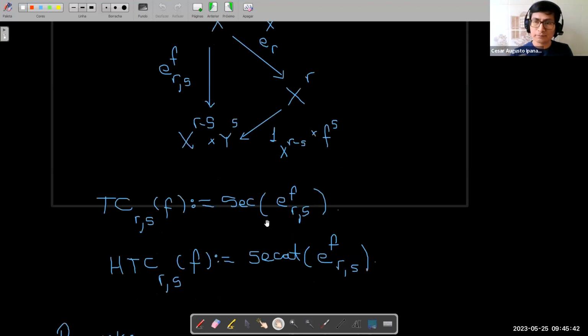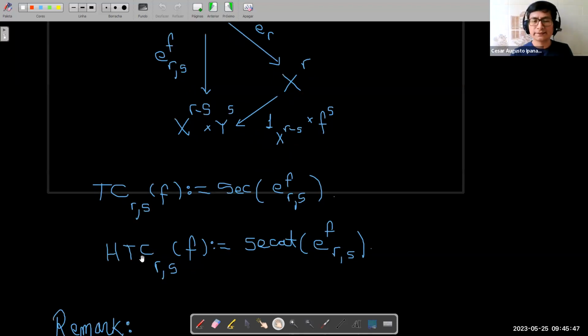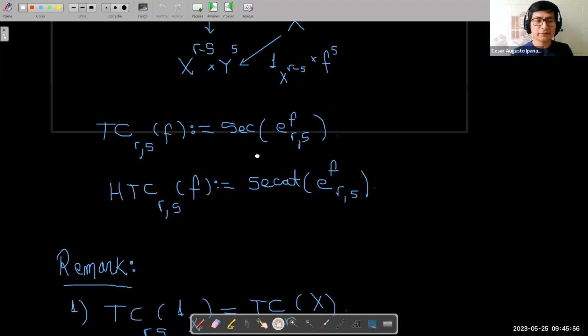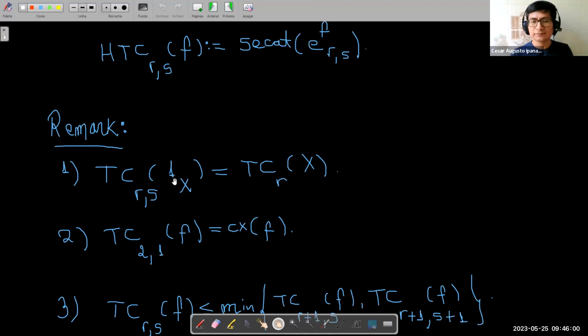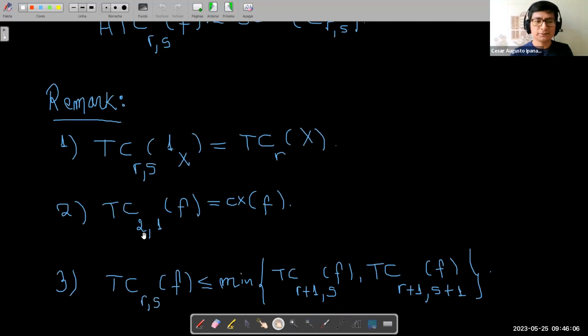In the homotopy setting, we define the homotopy hierarchy of F by the sectional category of this map. A natural remark is when F is the identity, it coincides with the Rudyak TC, and when r is 2 and s is 1, it coincides with the Pavesic complexity.